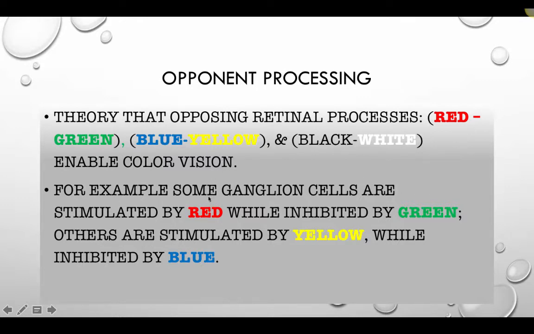So if there's more red signals coming into that opponent pair, we will see red and green will be turned off. Others are stimulated or excited by yellow and inhibited by blue, or they could be inhibited by yellow and excited by blue. So just remember the opponent pairs. You have to know these pairs: red, green, blue, yellow, black, and white.